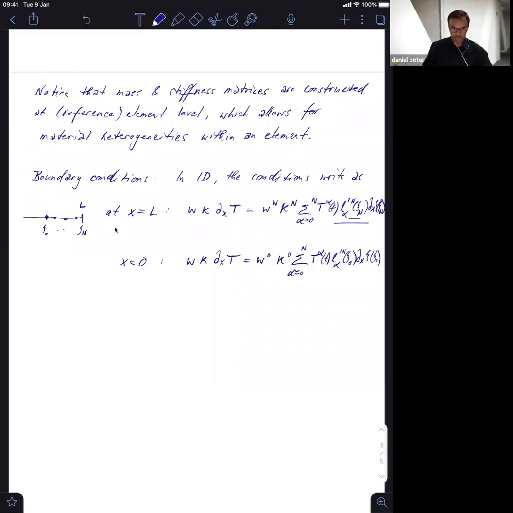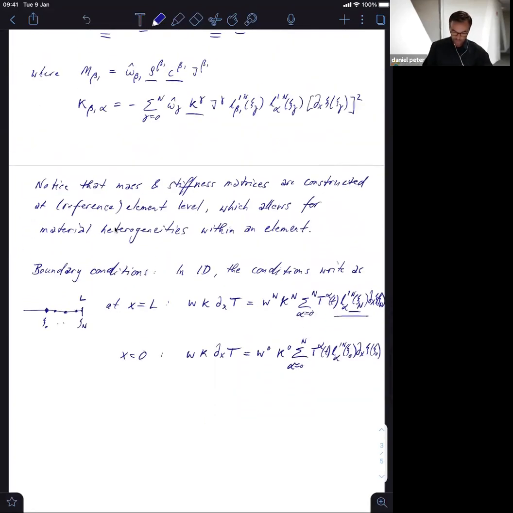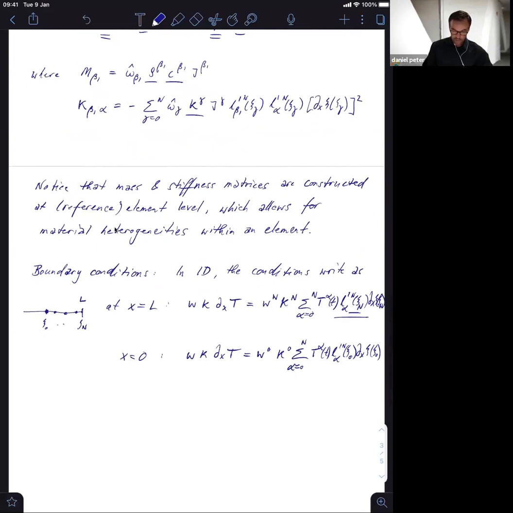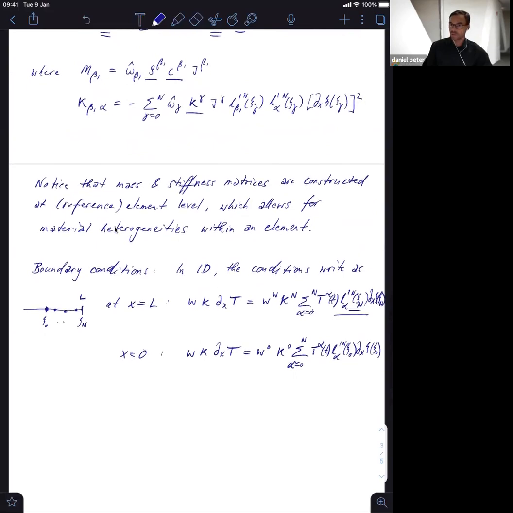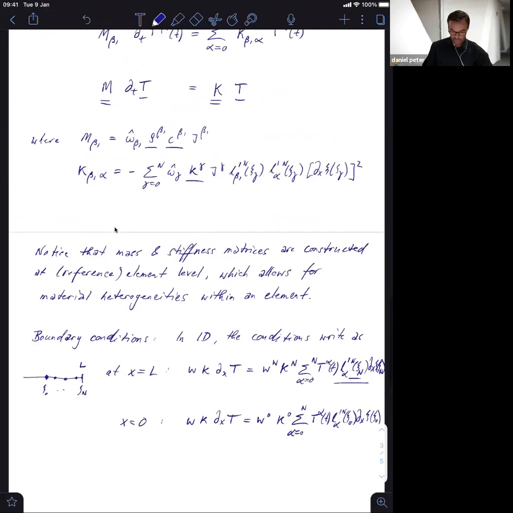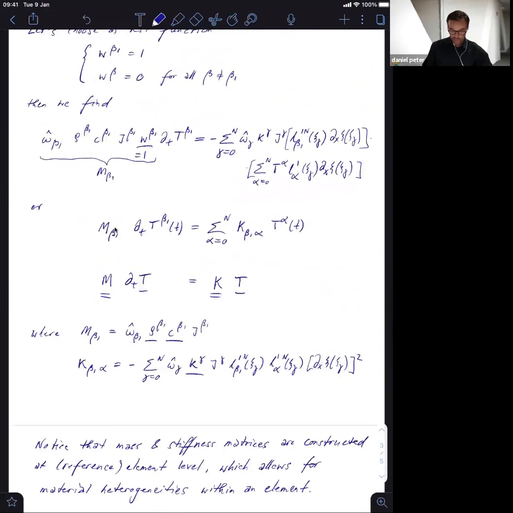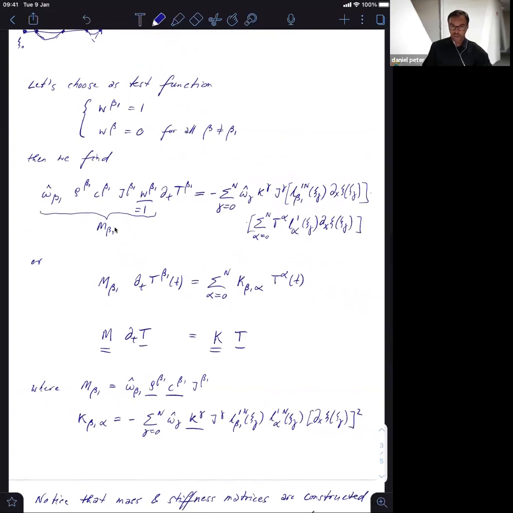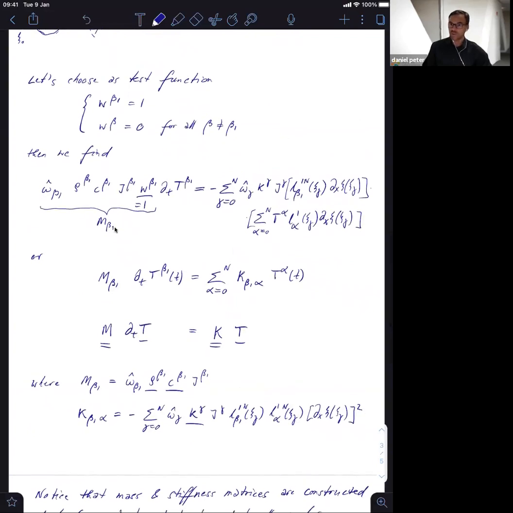Good. I would say let's stop here. We are already at the end of today's class time. So I would say try and think at home again about this matrix form. Try to make clear that we can write it in this matrix form.